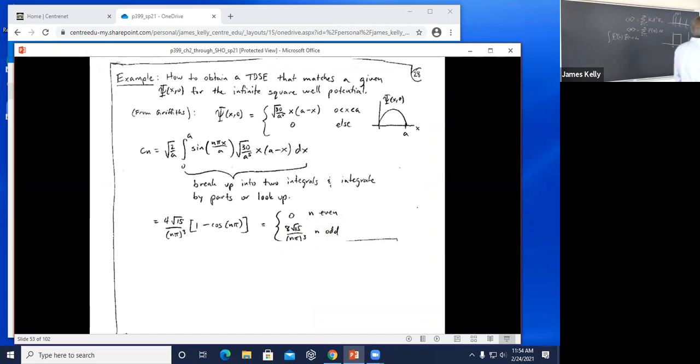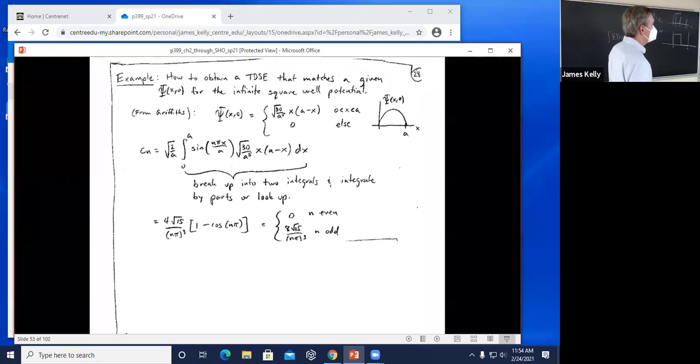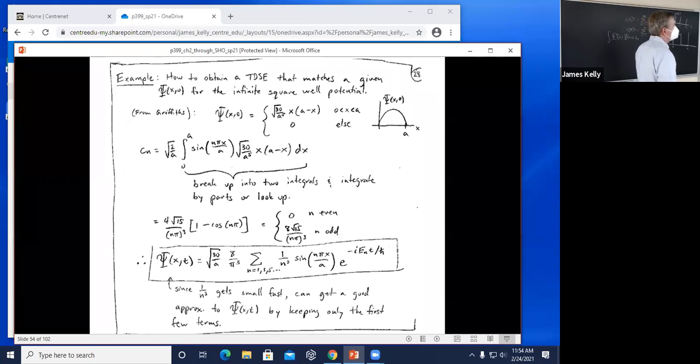The inverse integer powers of the summation variable. So you could at least see that it's convergent, even if you can't analytically get the expression for what the expectation value of H is.